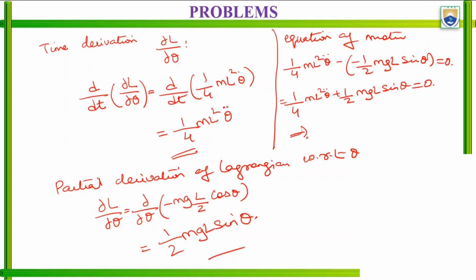Overall we will be getting it as theta double dot plus 2g by L sin theta is equal to 0. So this is the final equation of motion which we will be getting with respect to the Lagrangian equation.